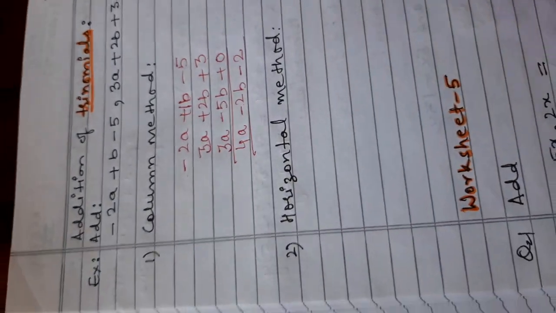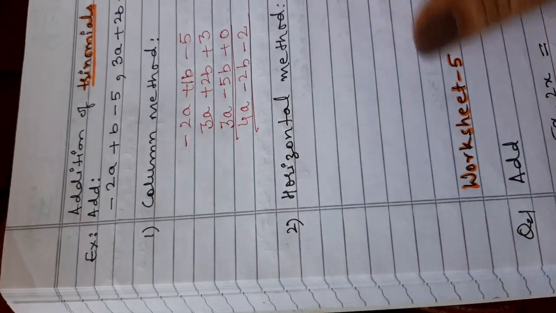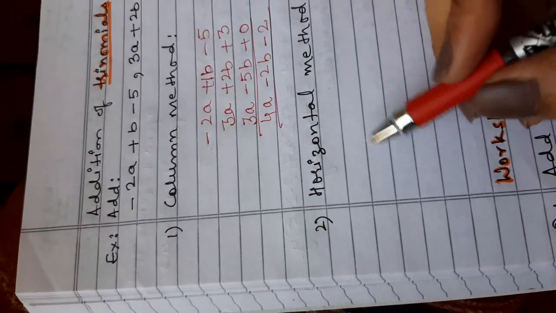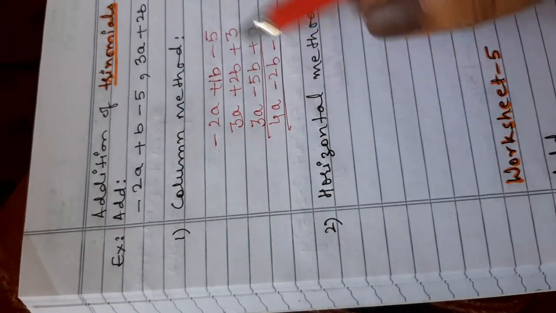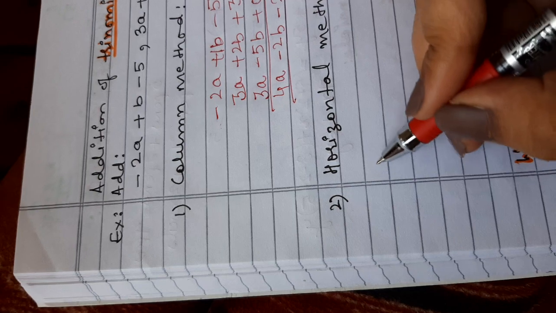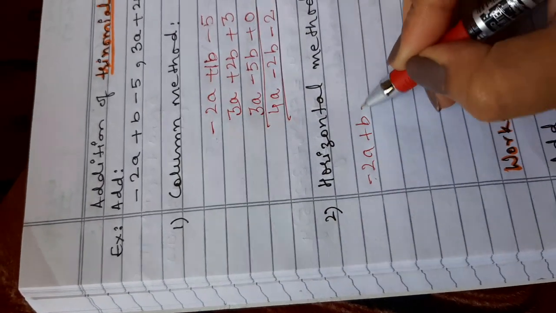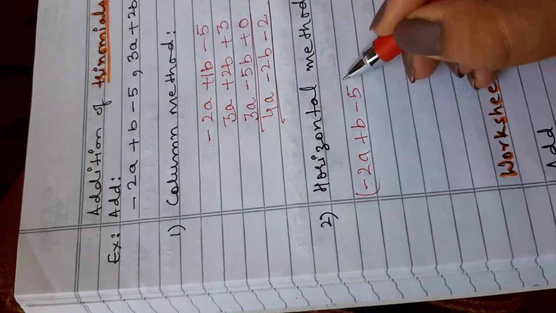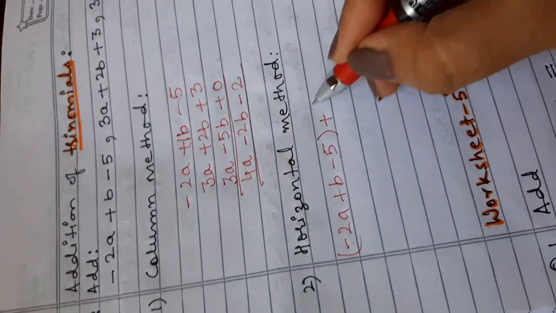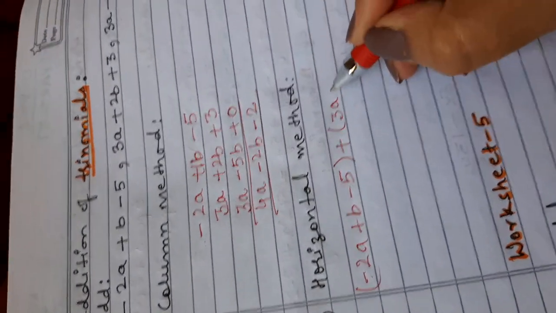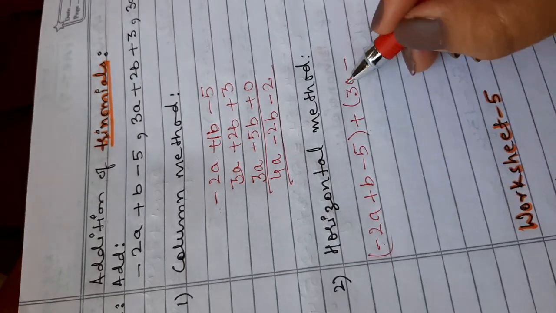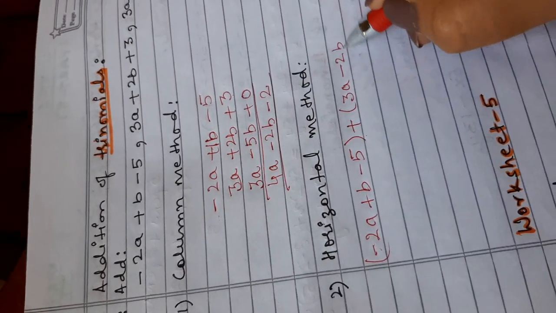Now let us understand this in the other method, that is the horizontal method. Firstly write them as it is, as they are given, 2a plus b minus 5, plus 3a and take it in brackets. Always remember to put the brackets.